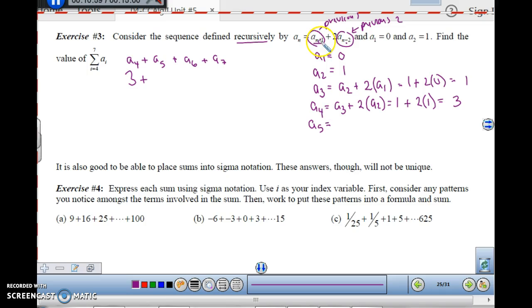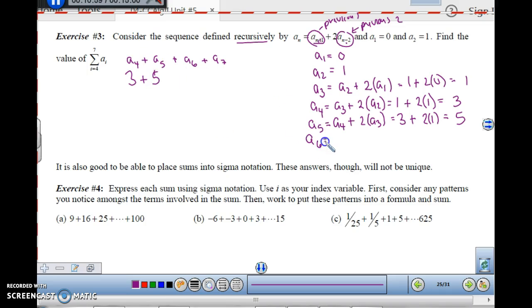The previous would be a of 4, plus 2 times the term 2 previous, a of 3. So a of 4 we found was 3, plus 2 times 1. 3 plus 2 times 1 is equal to 5. So this one's going to be 5.